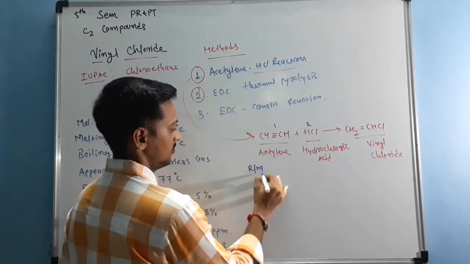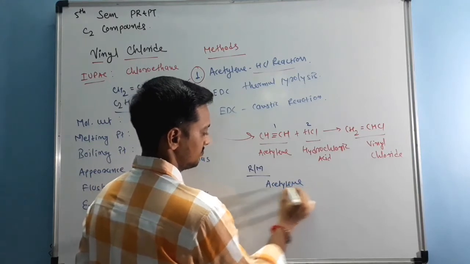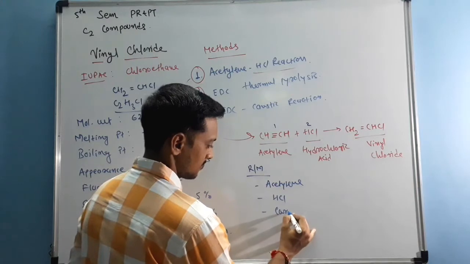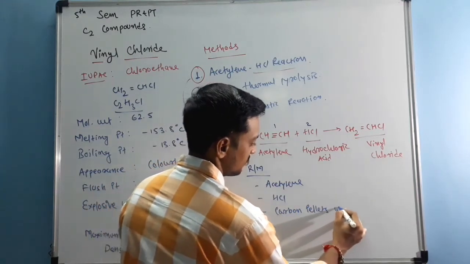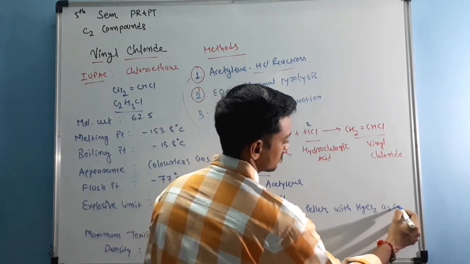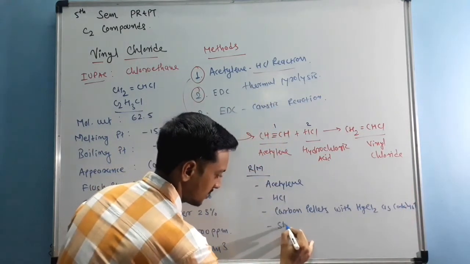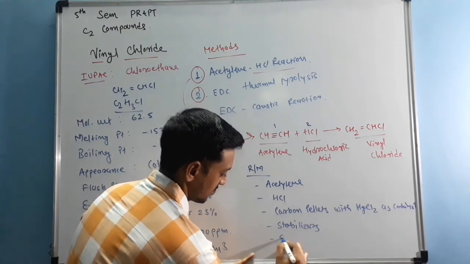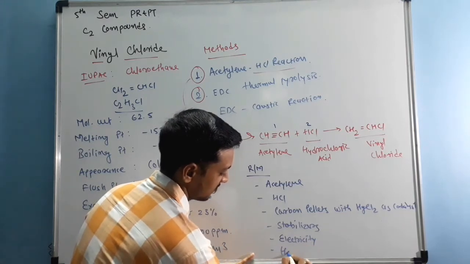So raw materials: acetylene, HCl, carbon pellets with HgCl2 as catalyst, stabilizer, electricity, heating fluid.